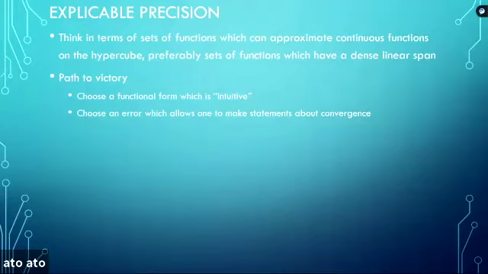Choose an error which allows one to make statements about convergence. So here's the thing, we talked about how do you select your error earlier. And the answer is, well, mathematicians have spent some time thinking about what it means for things to be close to one another.